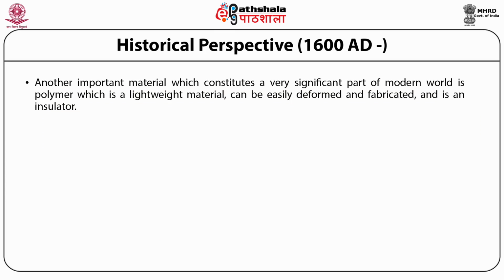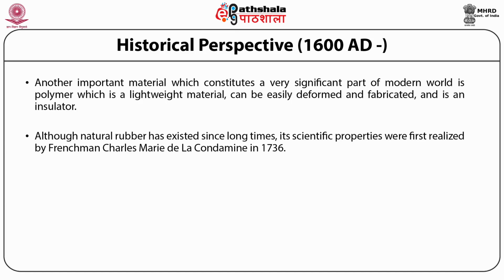Another important material which constitutes a very significant part of the modern world is polymer, which is a lightweight material, can be easily deformed and fabricated, and is an insulator. Although natural rubber has existed since long times, its scientific properties were first realized by Frenchman Charles Marie de la Condamine in 1736.